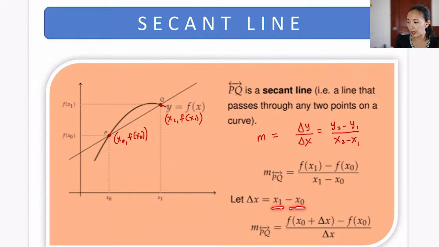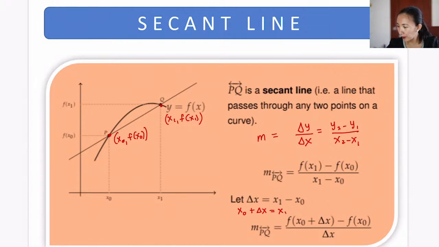Applying the addition property of equality, if I add x naught on both sides, then x naught plus delta x is equal to x sub 1.